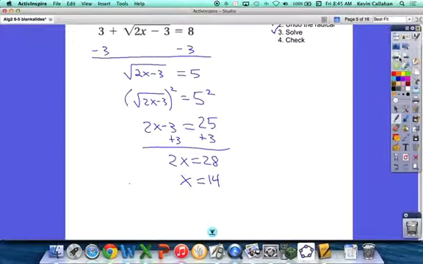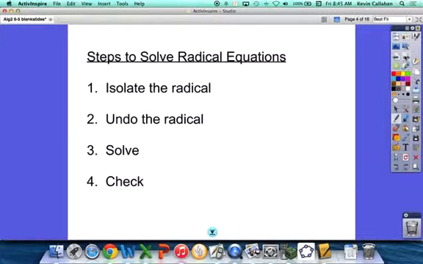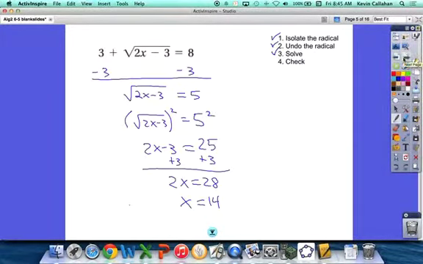Okay, the check part. The check part means let's go back into here, plug in the 14 and see whether you get the right answer. 3 plus the square root of 2 times 14 minus 3 equals 8. 3 plus, okay, 2 times 14 is 28, minus 3 is 25.